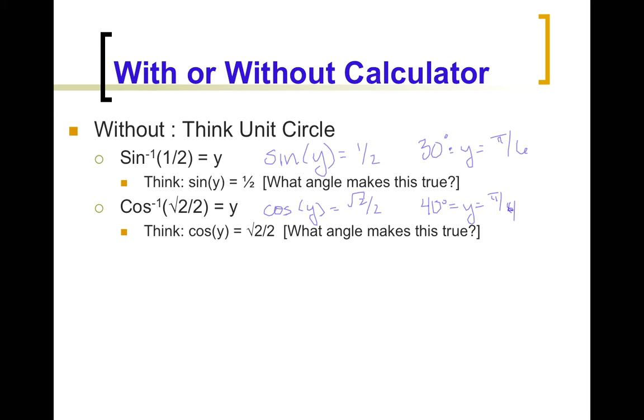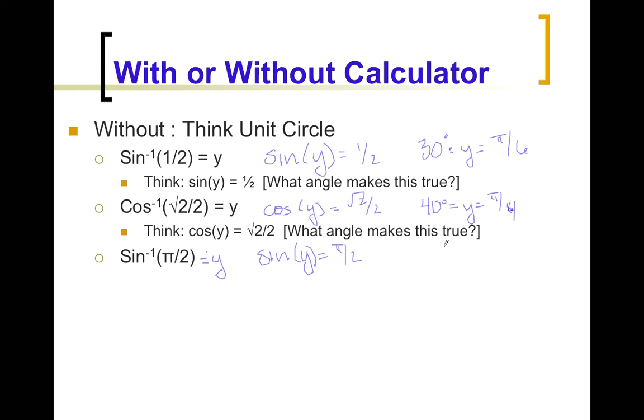All right, but not everything's going to be quite that easy. What if I was to ask you something like this? The sine inverse of pi halves equals y. Well, you can't just go to sine of pi halves because that's not what this is asking. The sine of what angle y is equal to pi halves? Well, that's not a question you can answer just using the unit circle.